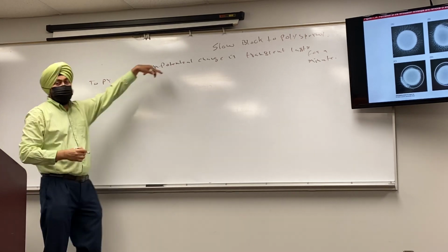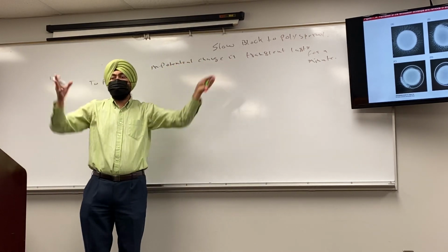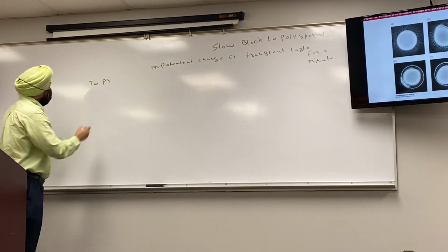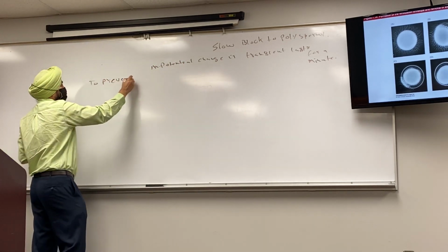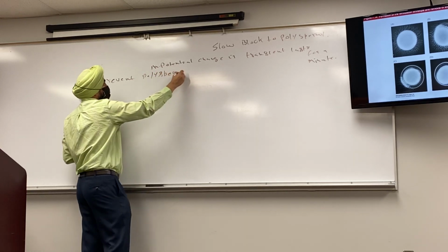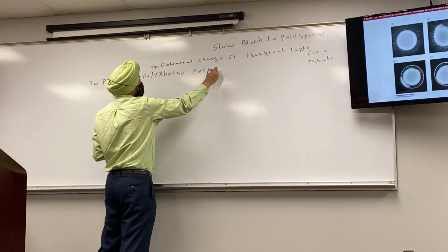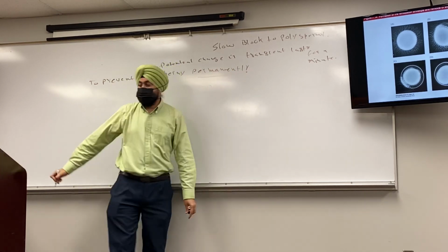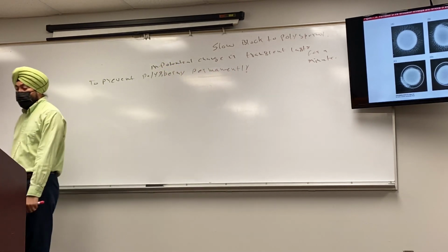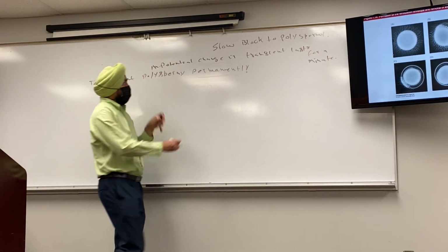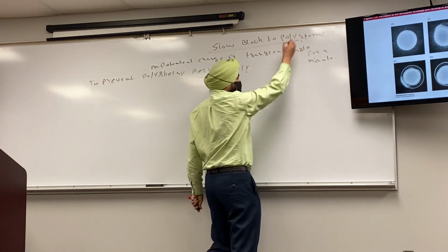Some will be blocked, but some are still coming, still moving. So to prevent polyspermy permanently, another mechanism is activated, called the slow block to polyspermy.